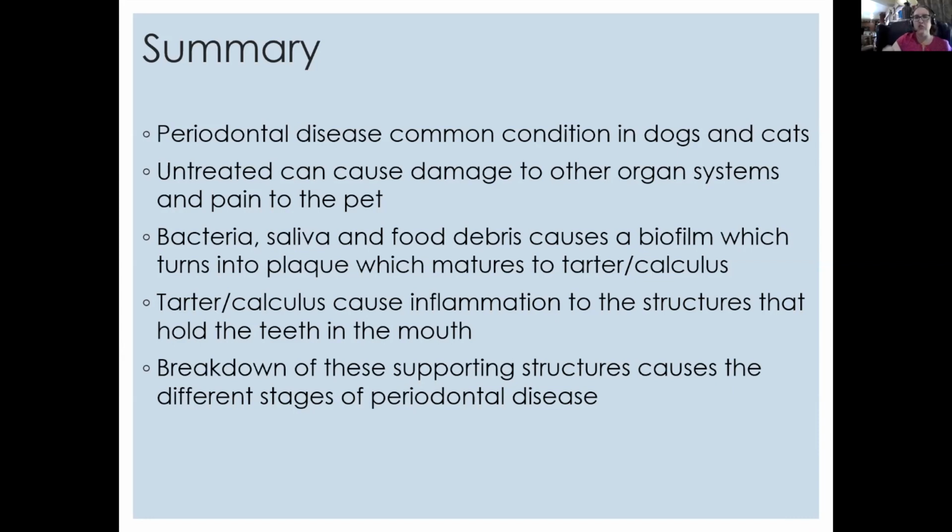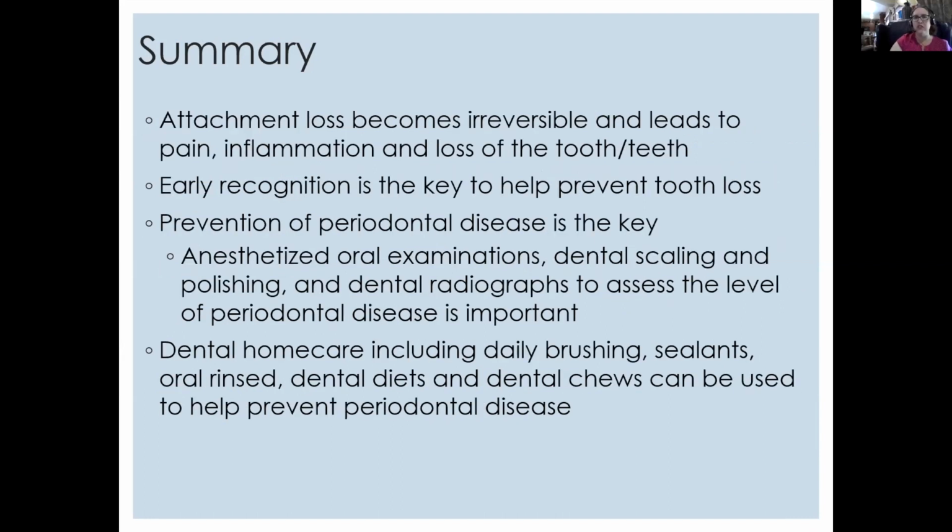That tartar and calculus, when it goes below the gum line, causes inflammation to the structures that hold the teeth in the mouth. And once those supporting structures are lost, they cause the different stages of periodontal disease. Once the attachment loss becomes irreversible, it leads to inflammation and pain and infection in the teeth and eventual loss of the teeth as well.